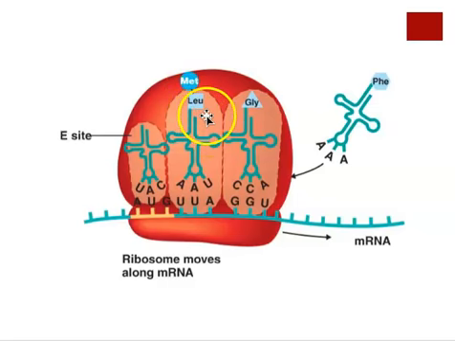It'll be attached to the leucine with a peptide bond. Meanwhile, over here, this empty tRNA, the one that already donated its amino acid, it will exit, it will leave, and the ribosome will shift again.